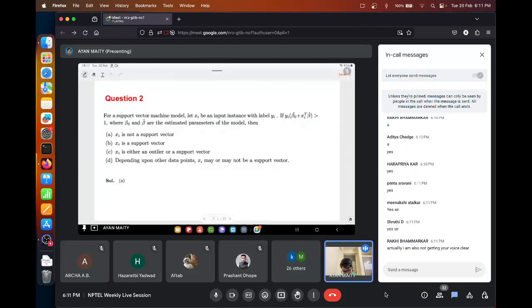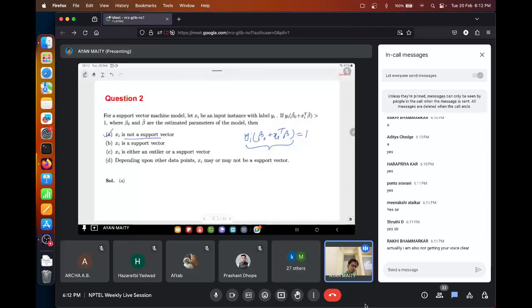So the correct answer is option A. Most of you have written the correct answer in the chat, that xi is not a support vector. So to know whether a point is a support vector or not, we can use this functional margin.